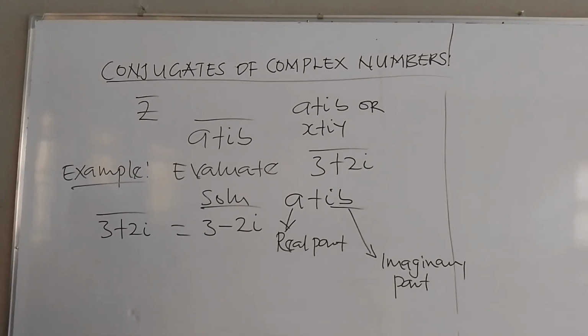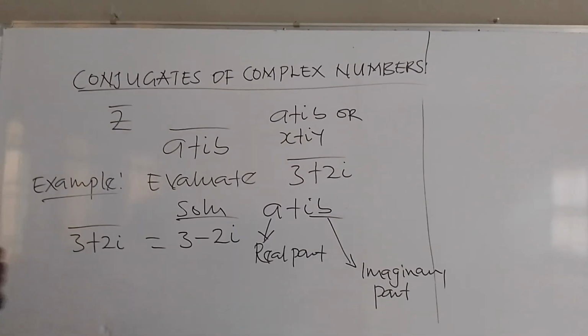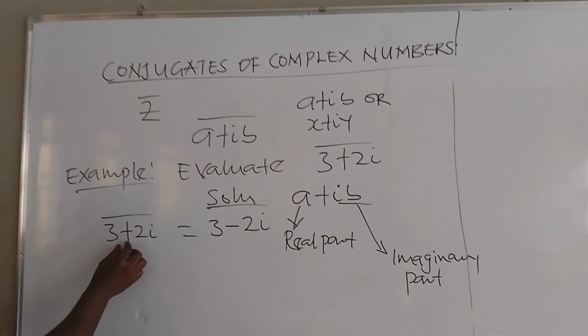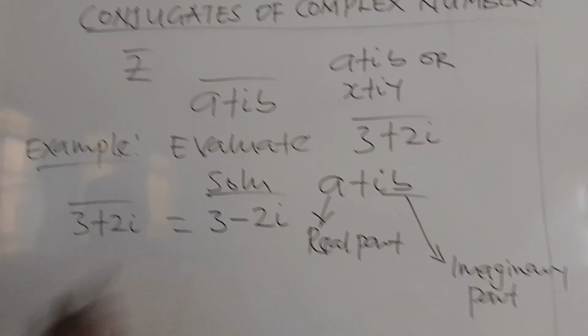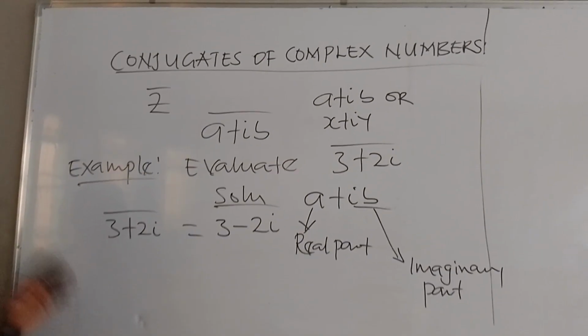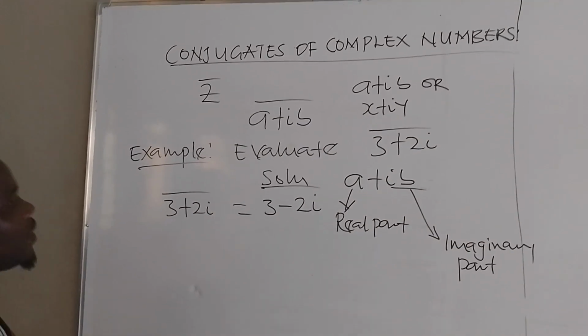This is the answer. So whenever you are asked to evaluate something of this form, what you will first consider is the operation in between the real part and the imaginary part. Is that clear? Now, we are going to look at addition of conjugates.